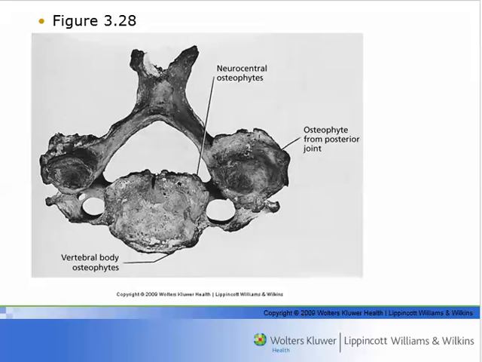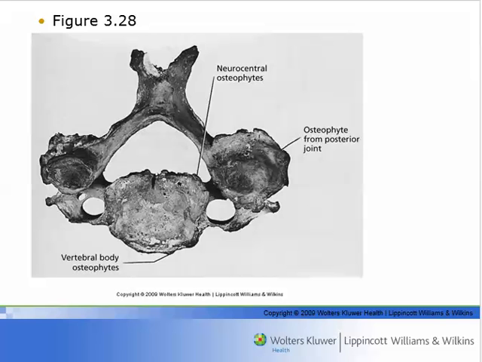When you look at it, this is a photograph of somebody that has passed away, but you can see the osteophytic growth at the vertebral body, and you can see that they're growing in all directions, but some of them are extending back into the vertebral foramen where the spinal cord is, and so the neurocentral ones are essentially pushing on the spinal cord.